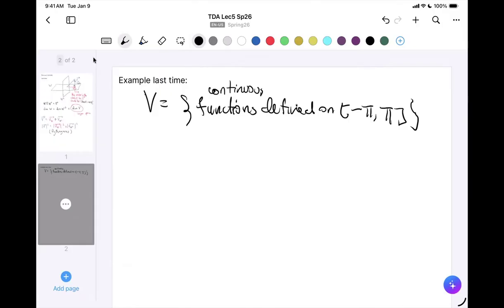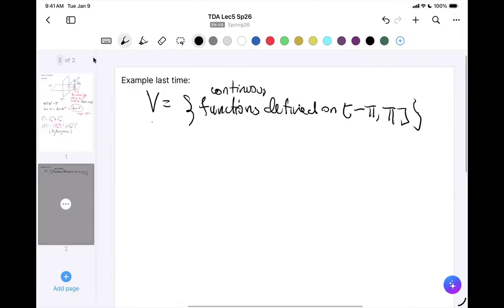If you look at the original definition of a vector space that you learn in linear algebra, the only difference with the linear algebra case from 250 is that this has infinite dimension, meaning that if you look for a basis, you do need infinitely many vectors to create a basis.